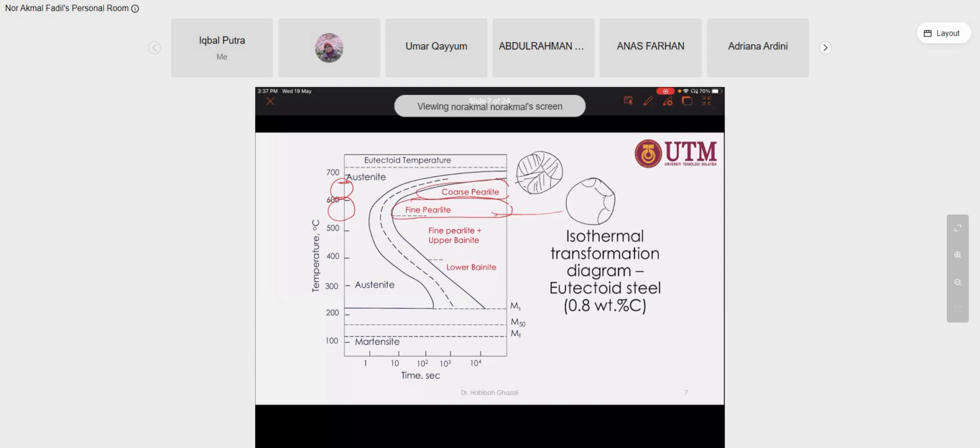This is fine pearlite. Okay, so do you know why they produce fine pearlite compared to the higher temperature of soaking or isothermal temperature? High temperature, low isothermal temperature. Why?